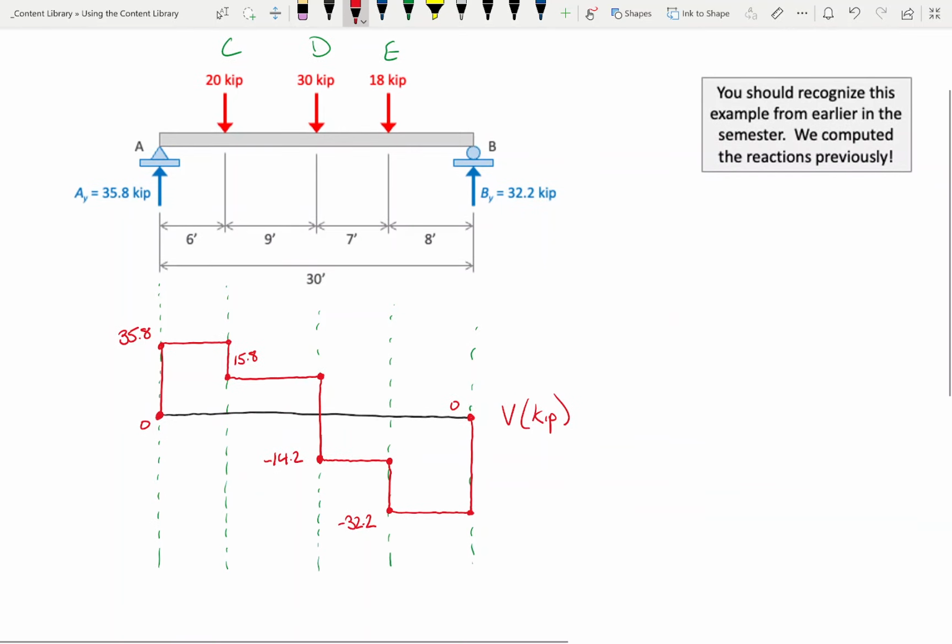All right, what is the area under this first rectangle? How tall is it? Times 6, right? Because it's 6 wide. And what is that?